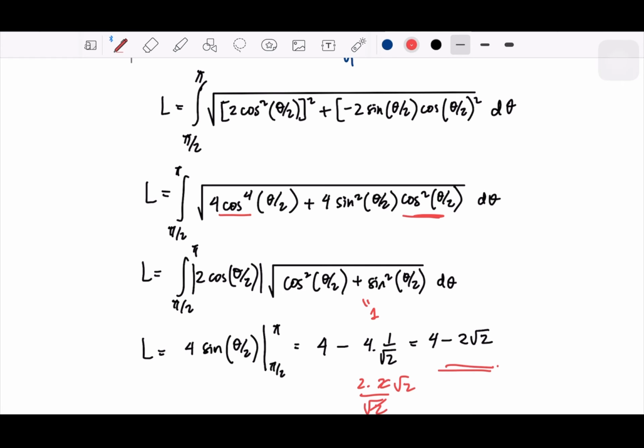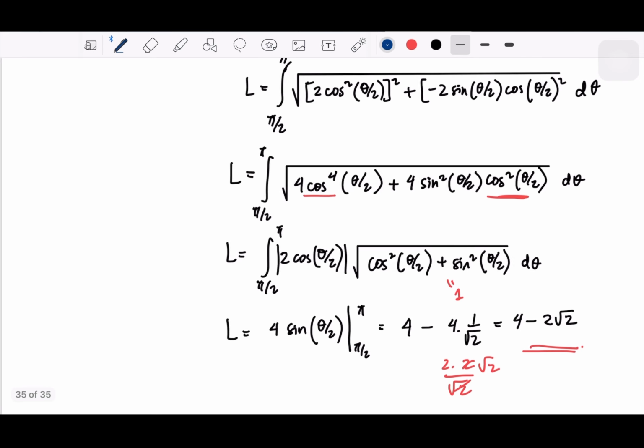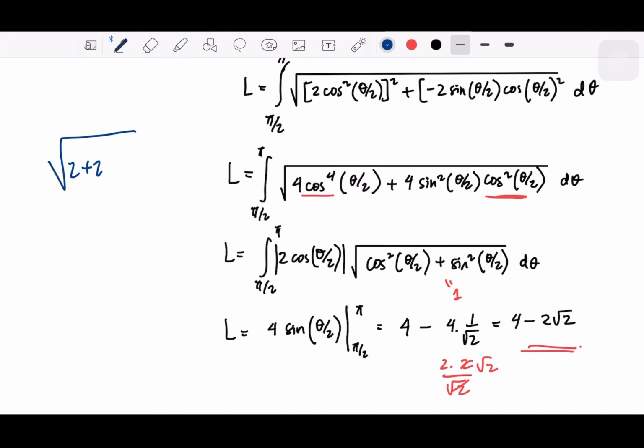I think you could do the same way with 1 plus cosine. But later, at the end, you will have square root of 2 plus 2 cosine theta, right?